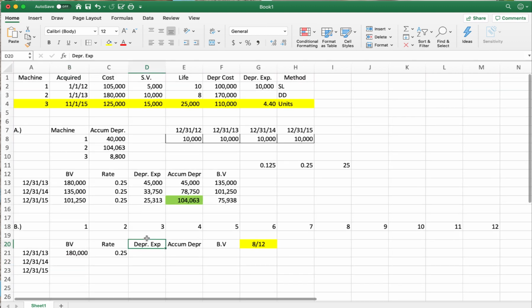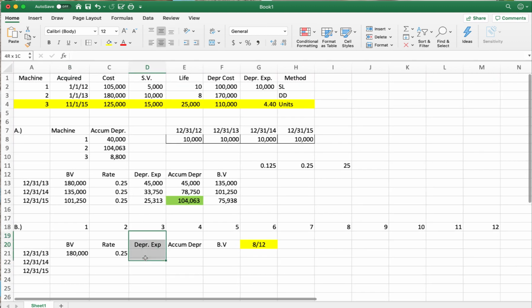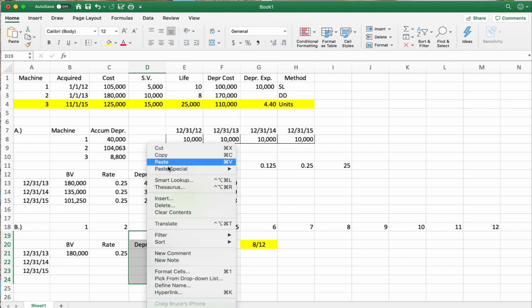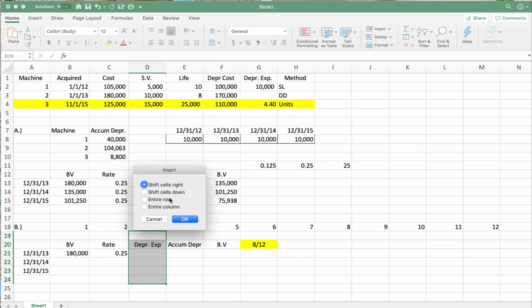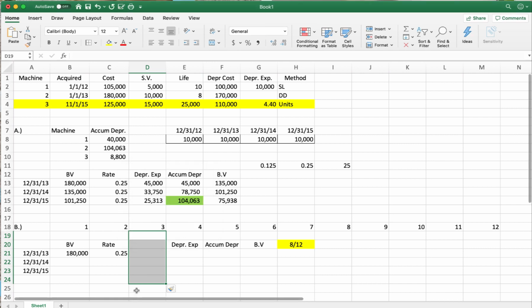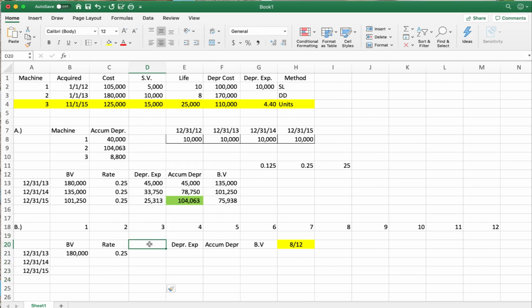What's our depreciation expense? Bear with me here for 1 second. Okay, so we want to figure out what is our depreciation expense. We know for the year, our depreciation expense should be $45,000, and that's basically taking the 180,000 by the rate of 25%.